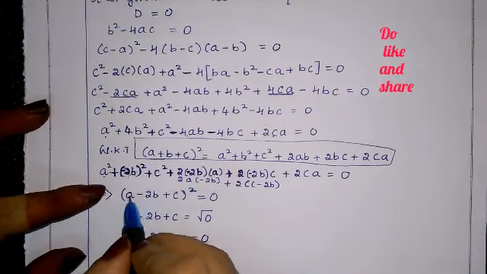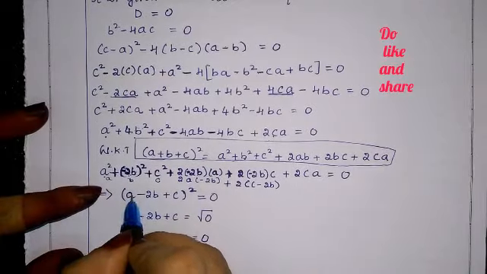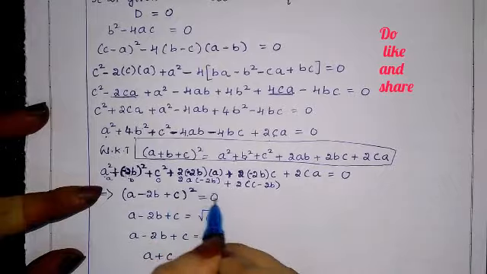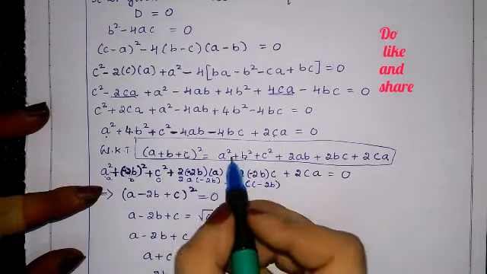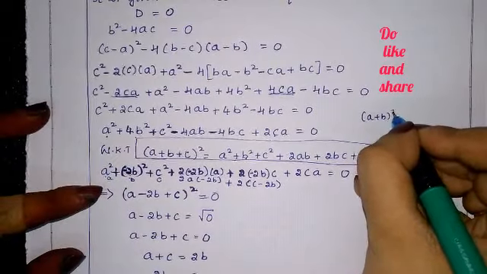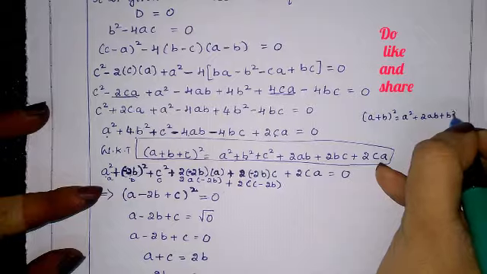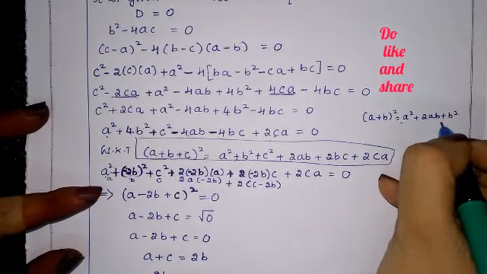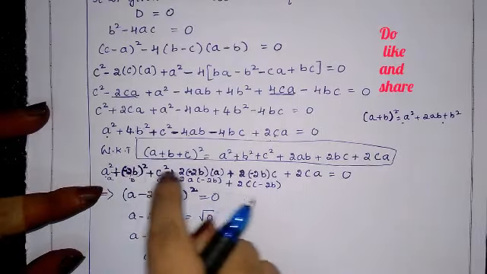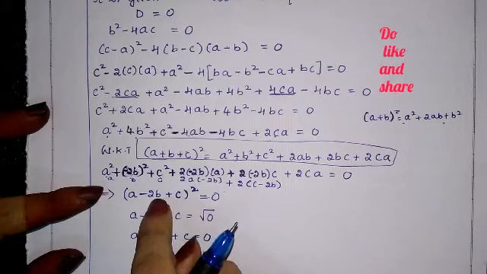Now a, b is minus 2b, plus c as it is, equal to 0, whole square. So how do you know that (a plus b) whole square is a square plus 2ab plus b square? If a square plus 2ab plus b square is there, it means we write (a plus b) whole square. Same way, this side is the RHS form, so we wrote the LHS form.